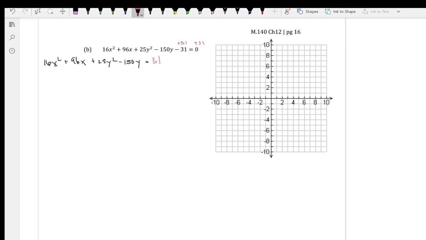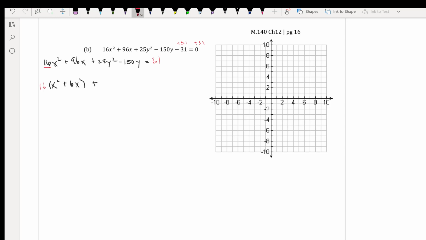Now, the next part is I am going to take out that value to make sure that the leading coefficient is 1. So here, that value is 16. So you remember, your goal is to make that leading coefficient 1. So 96 divided by 16 is 6.